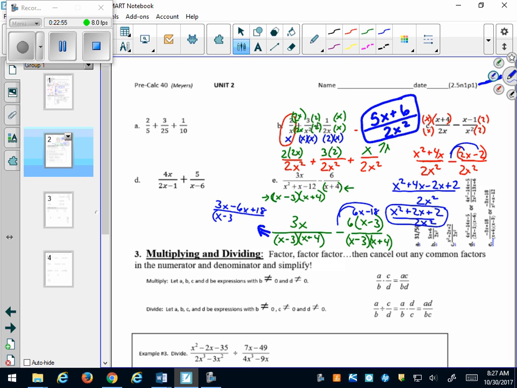Over x minus 3, x plus 4. And we do have to simplify the numerator. 3x minus 6x is negative 3x plus 18 over x minus 3, x plus 4. But the good news is you don't have to multiply that back out. You can leave your common denominator in factored form. All right, so you guys try D.